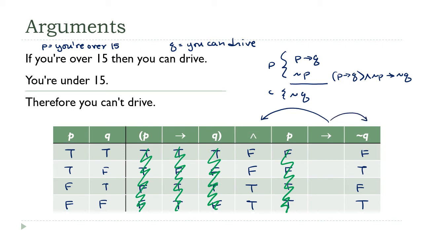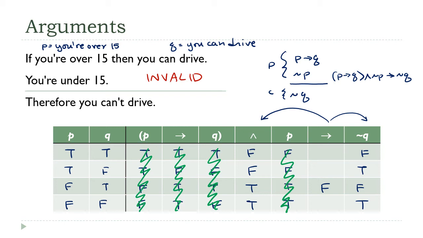Remember, I'm looking for a T and an F. If I have a T and an F, that's going to be false. And I do have one right here. Everything else is true, but at this point, I don't care, because remember, all it takes is one false line to render the entire argument invalid. So now I have the answer to my question. This is an invalid argument. In fact, this one is so invalid.